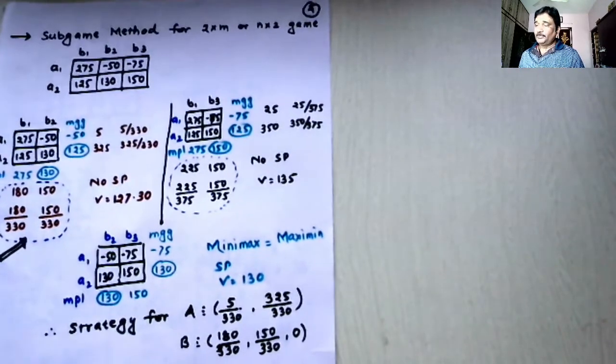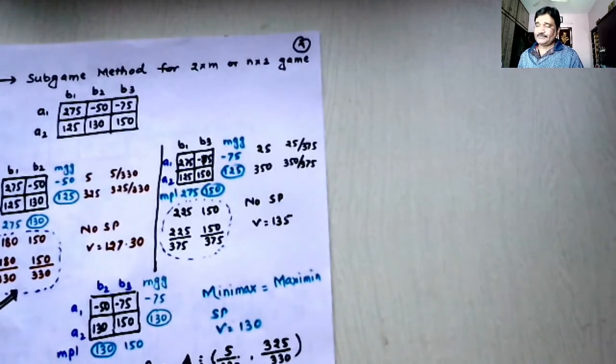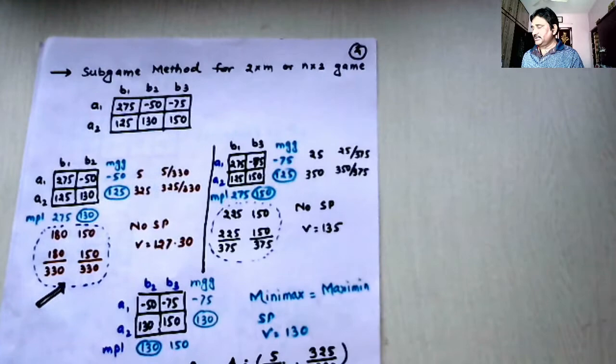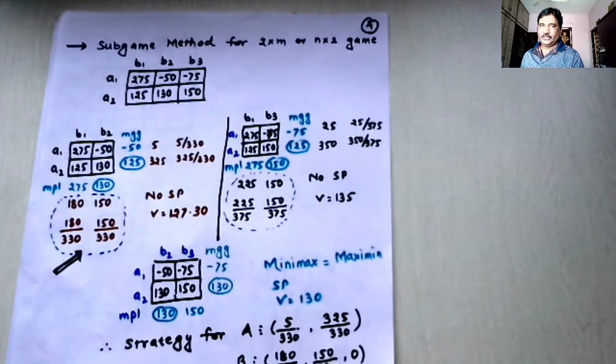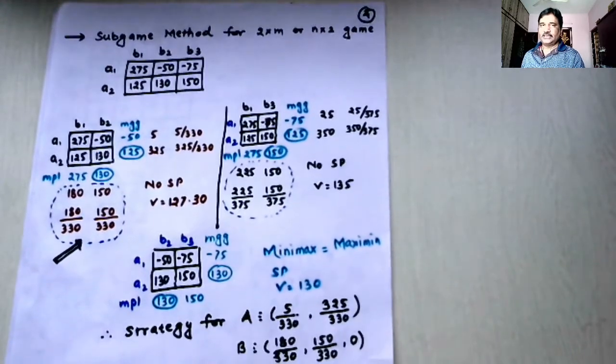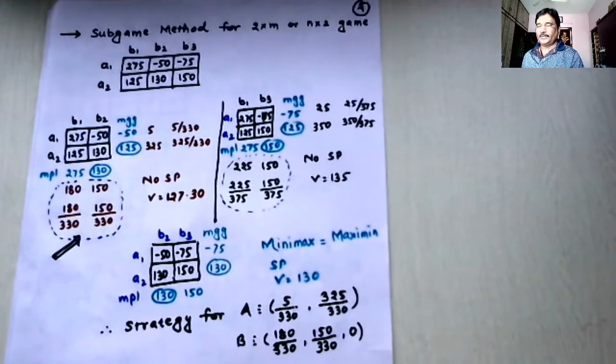So all in all, player B had the choices, and if you have the choice, you should be using the choice in the best possible way. And that is the approach for solving the 2 by m or n by 2 game by method of subgame.